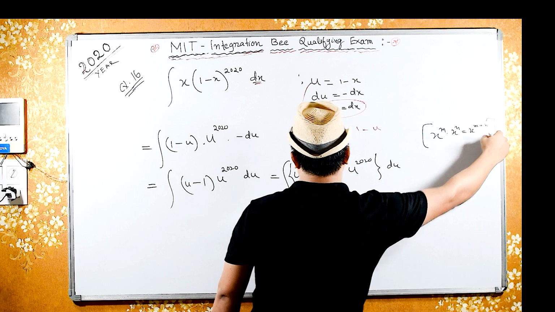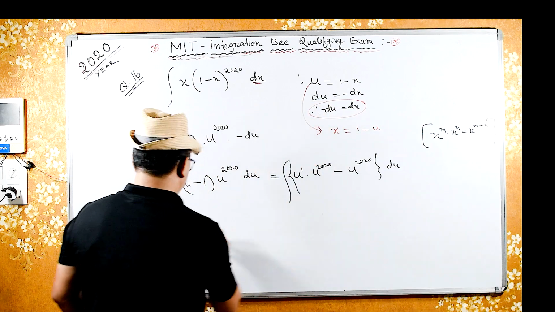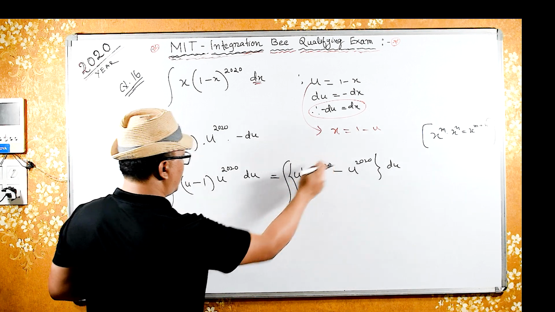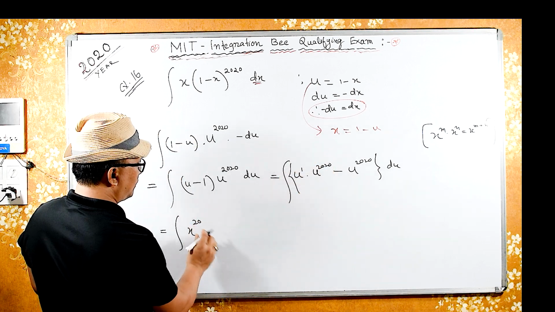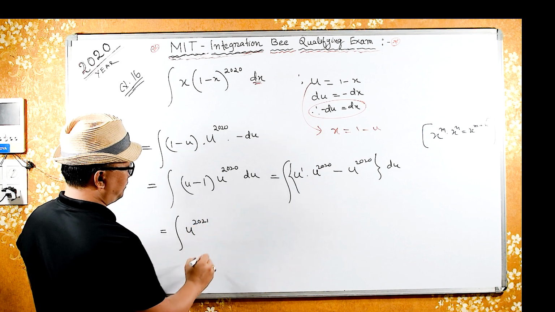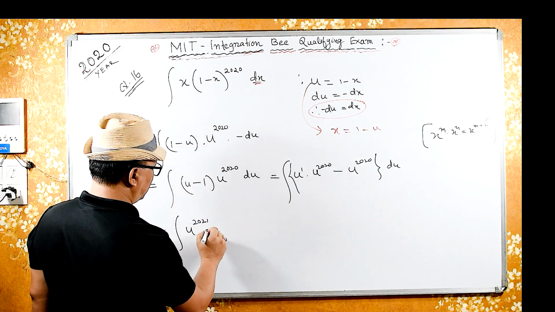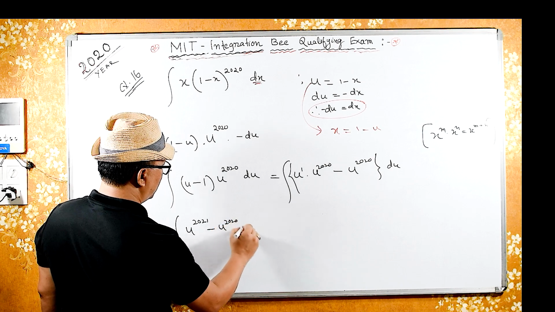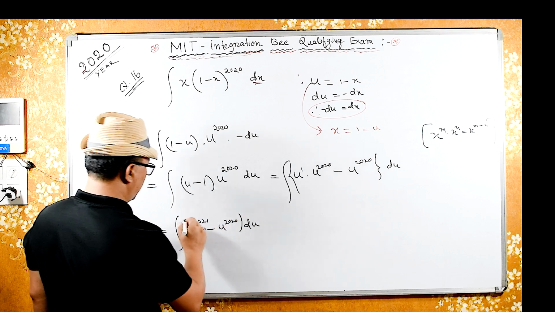This we have as a formula. Therefore it is the integral of u raised to 2021 minus u raised to 2020 du.